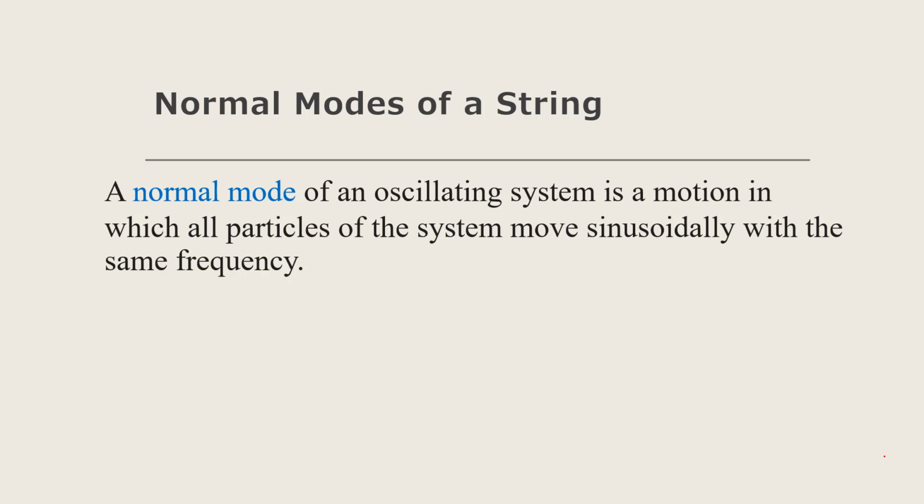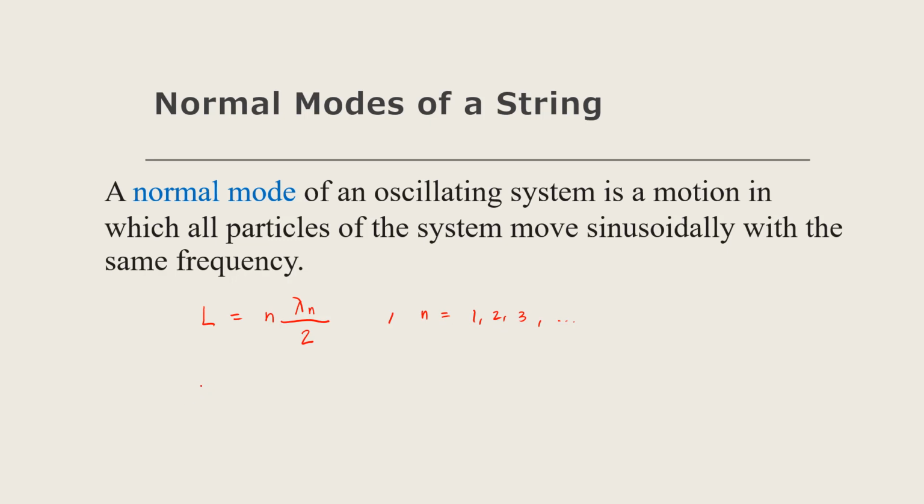This standing wave can exist only if its wavelength satisfies this: L equals n multiplied by the wavelength over 2, where n equals 1, 2, 3, and so on. L here is the length of the string, lambda is the wavelength, and n is equal to 1, 2, 3, and so on.